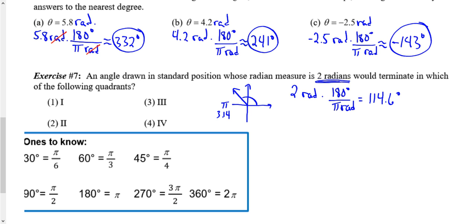So that's 2 radians, less than 3.14 radians, so less than 180. Do you see how I was thinking about that beforehand? So what quadrant are we in? Quadrant 2.